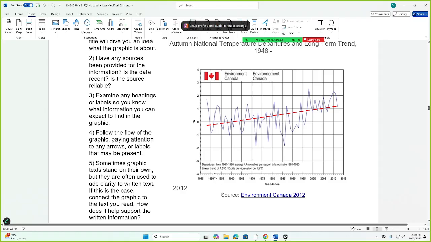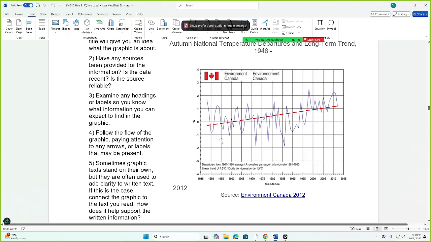Then on the left, this axis right here, we have that Celsius sign, right? So we know that this means Celsius degrees. So we have the 0 right here in the halfway point, 0, 1, 2, 3, 4, and then minus 1, 2, and minus 3, and minus 4.